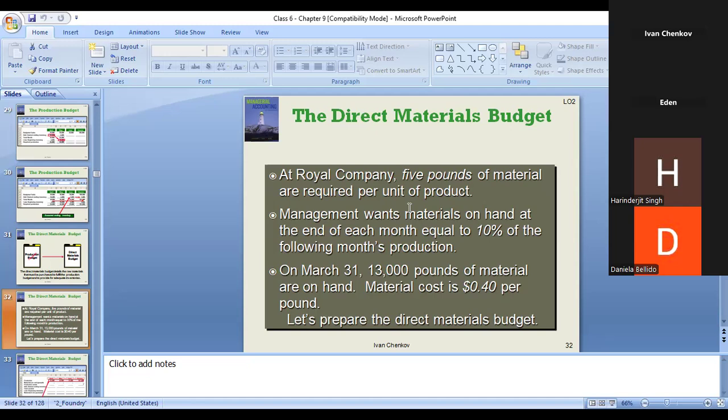What else do we know? We know that at the end of March, we have 13,000 pounds of material on hand. So we started April, the first month of the quarter, with 13,000 pounds of material.